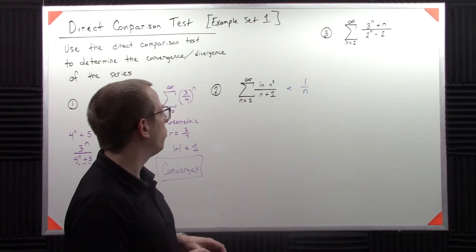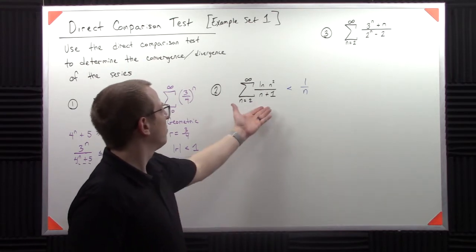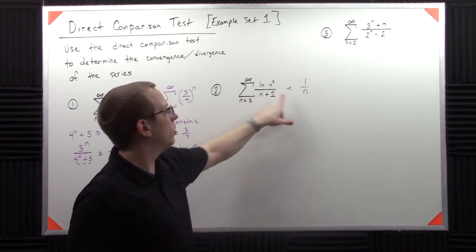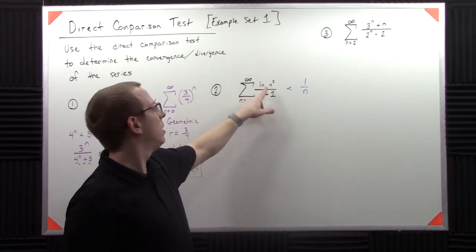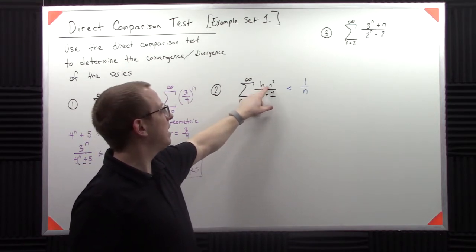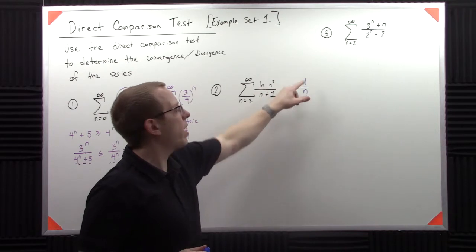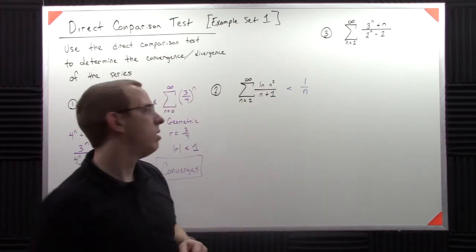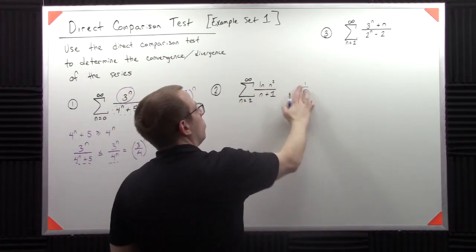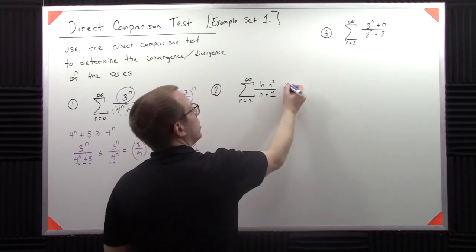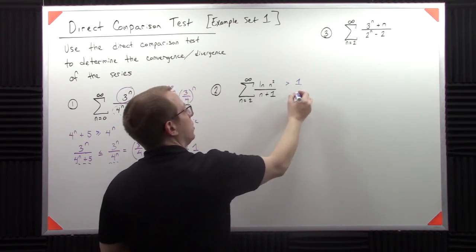That's not that helpful because this is going to diverge. Well, if that's less than that, however, this isn't strictly less than that. This is actually greater than 1. So what do we say? Okay, well this is greater than 1.